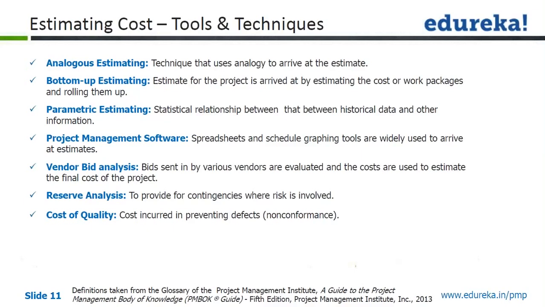As I said earlier, analogous is less accurate, but it is faster to arrive at and easier to perform. Then bottom-up estimating, of course, it will take more time, but will be more accurate.